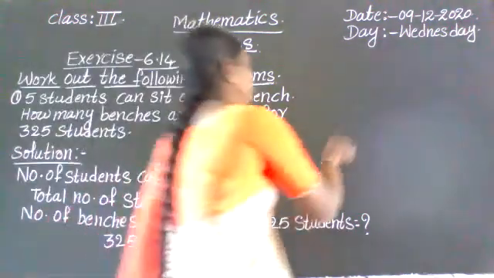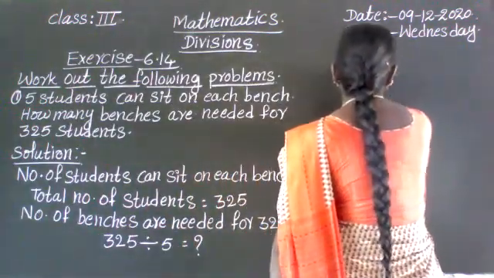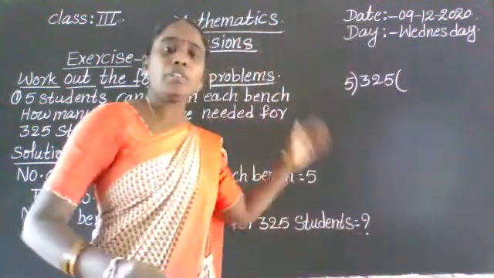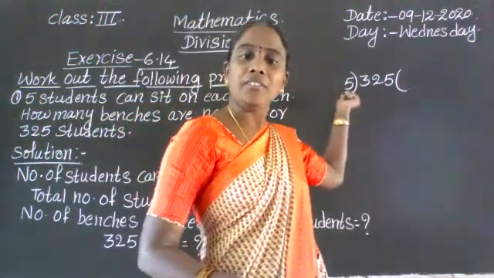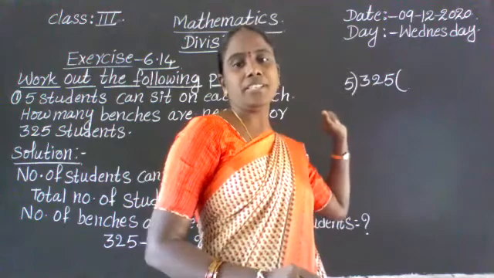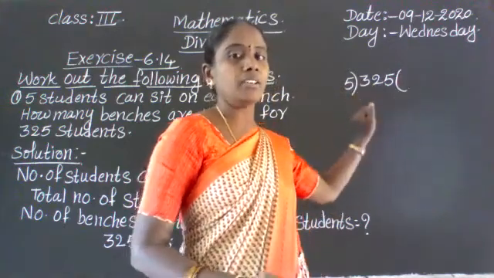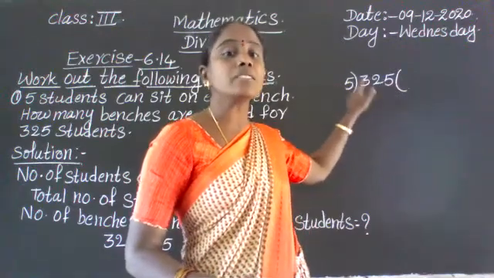Do division. How can we do division? First, compare the divisor and the dividend's first digit. The dividend's first digit is 3.